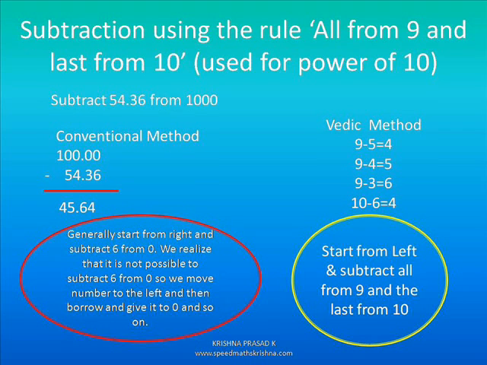54.36. You can start from the leftmost digit: 9 minus 5 is 4, 9 minus 4 is 5, 9 minus 3 is 6, and for the last digit, 10 minus 6 is 4. Start from the left and subtract all from 9 and the last from 10.